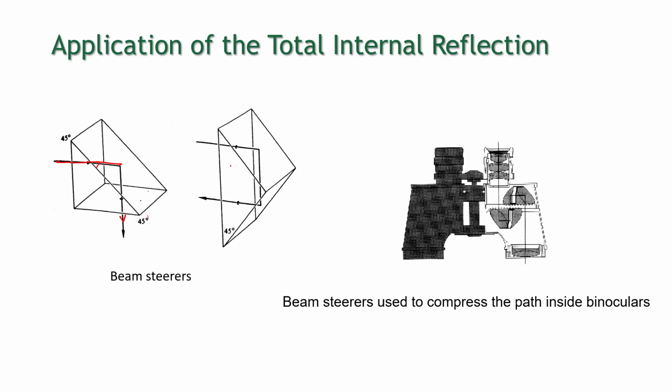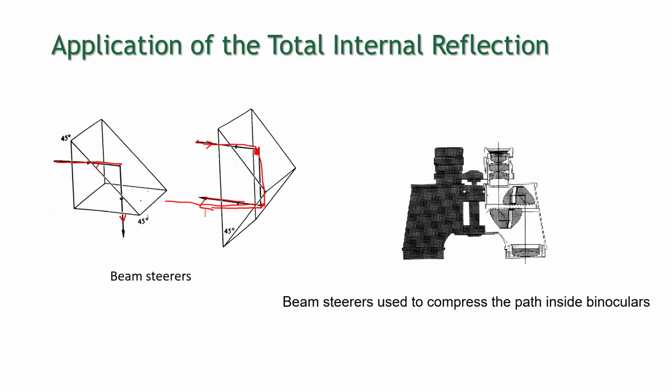In some cases, let's say you want to turn around the beam. The beam is moving this way, and it will reflect internally, and again reflect internally. So there are two TIRs here. One is at this interface, another at this interface, and it will go back in the same medium. Okay, so you can use TIR as beam steerers, which is what we use in binoculars.